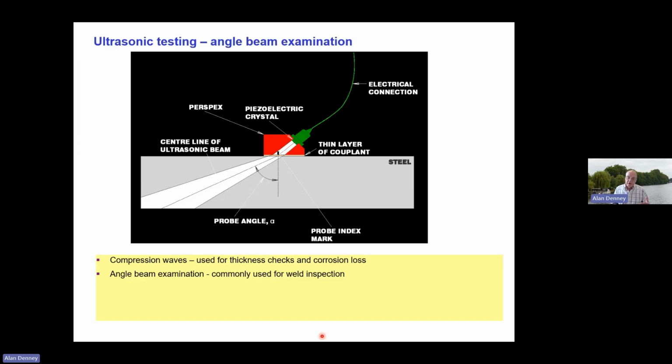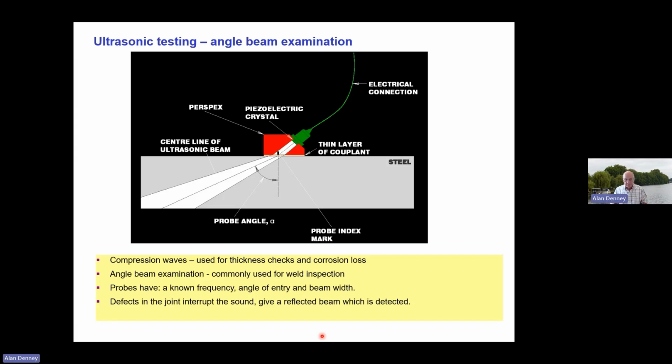So compression waves, they're used for thickness checks and for corrosion loss measurements and things like that. You might use them to check that the steel isn't laminated before you start the main inspection with the angle beams, which are used, as I say, for the weld inspection. Now those probes, they've got a known frequency, a known angle of entry and a known beam width.